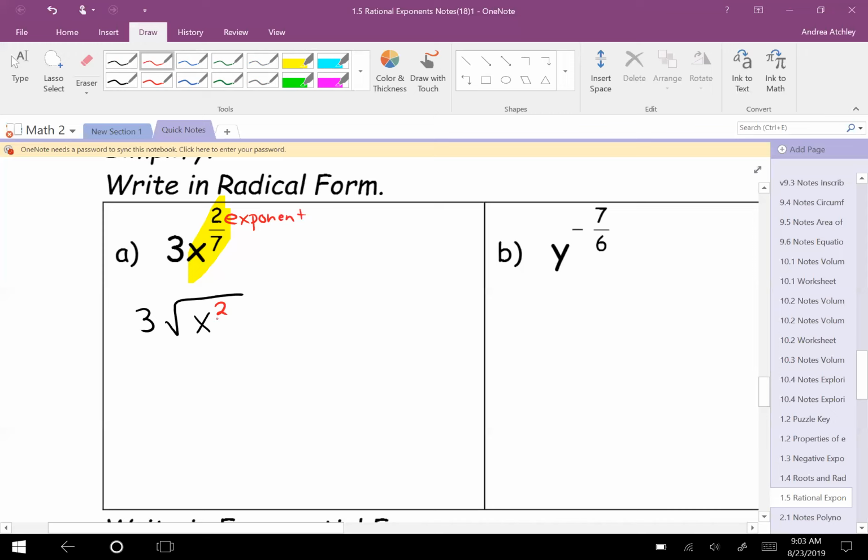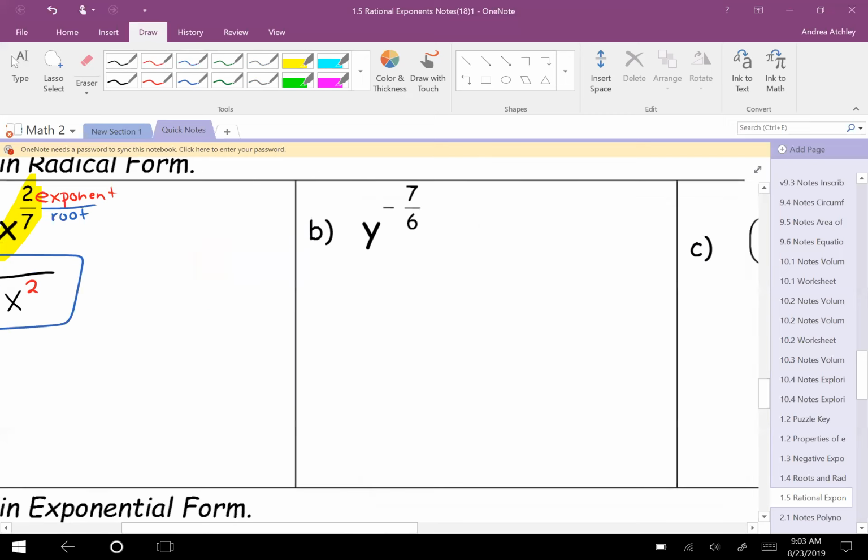Okay. Sophia, what is the root then? 7. So the root goes here in that little hook. And that's all I have to do, 3 to the 7th root of x squared. 3 times the 7th root of x squared. Any questions over that?